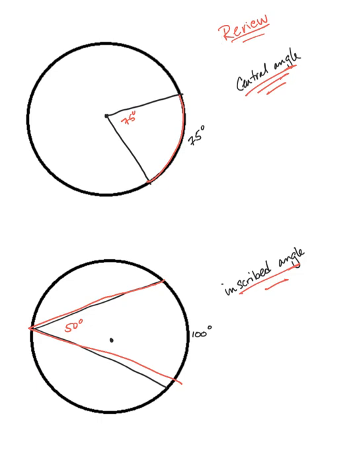Vice versa, of course, the intercepted arc would have twice the measure as the inscribed angle. Keep that in mind. And I had mentioned last class that whatever angle you have inscribed to an arc, every angle that is inscribed to that arc must be congruent. These are all congruent.